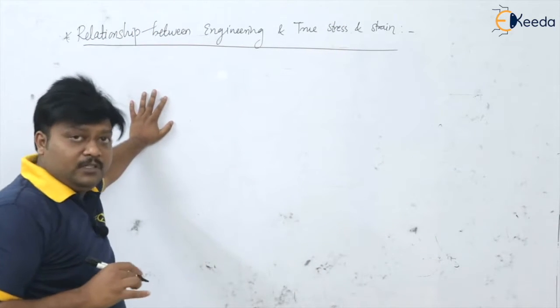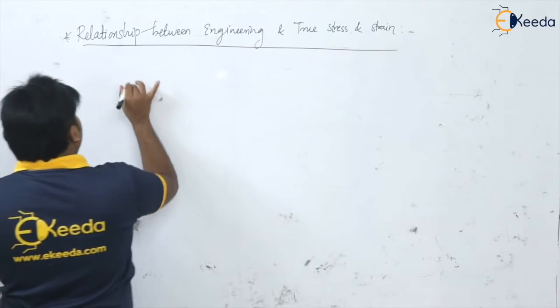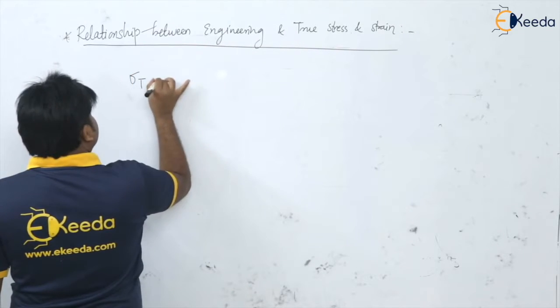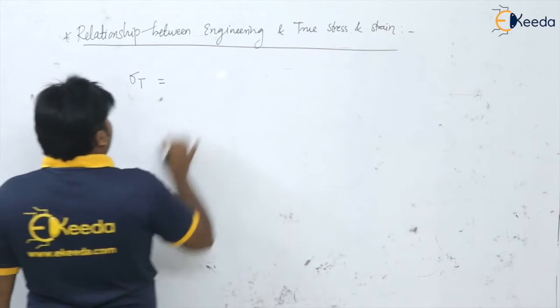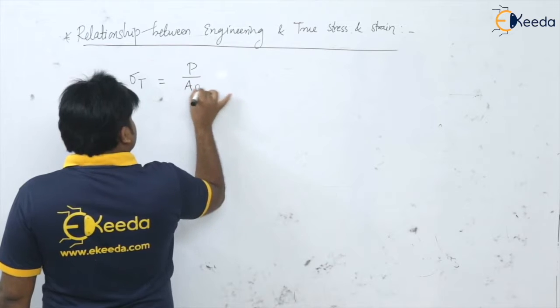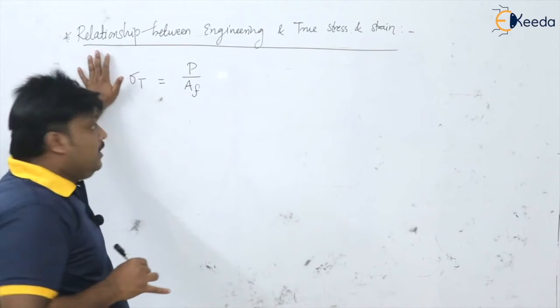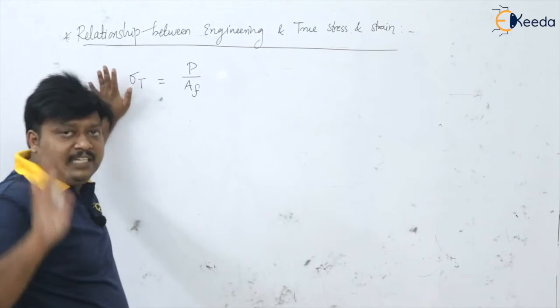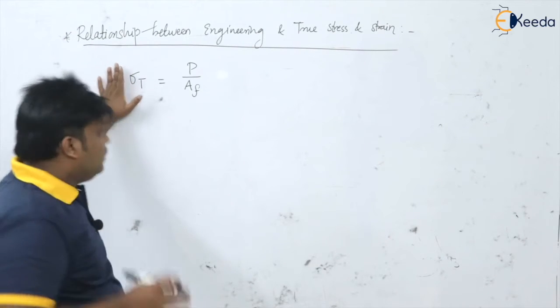Very important. We know that sigma T, the true stress, is equal to the applied load divided by the instantaneous or final area. Here I am definitely going to take the instantaneous or final area. I am not interested in the original.